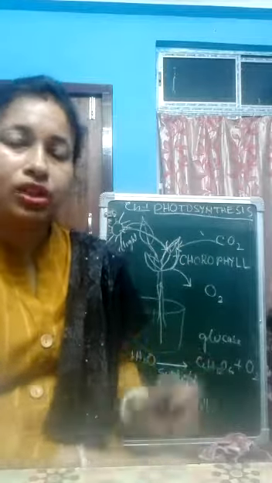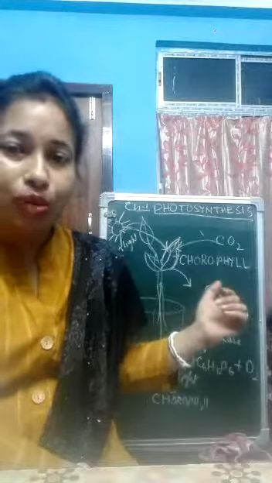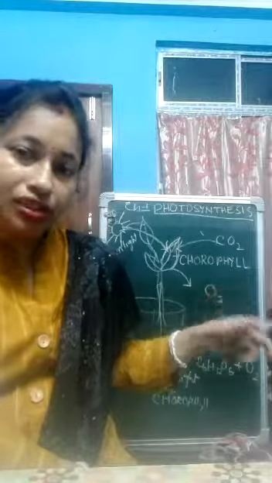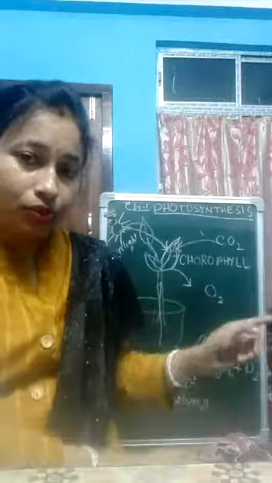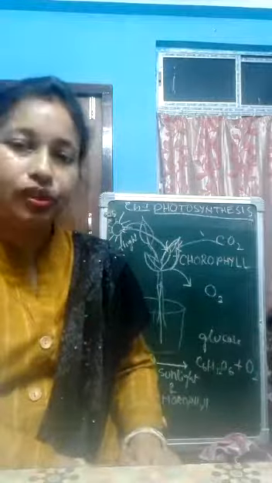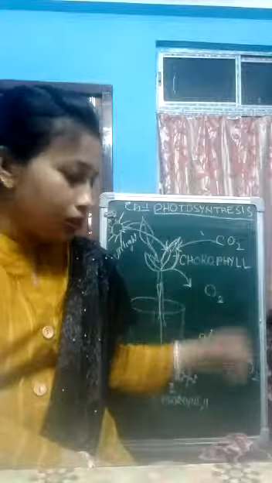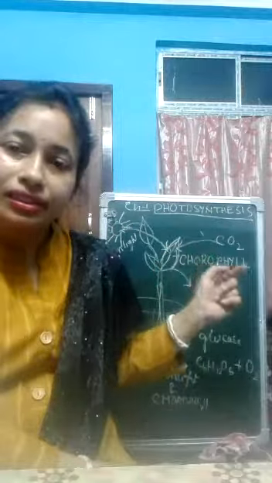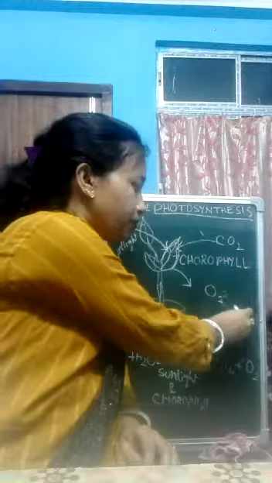Now the question comes, what helps the leaves to absorb carbon dioxide? Because an exchange happens: carbon dioxide is absorbed by the leaves and oxygen which is prepared is given out by the leaves. There are some pores in the leaves, which are called stomata.